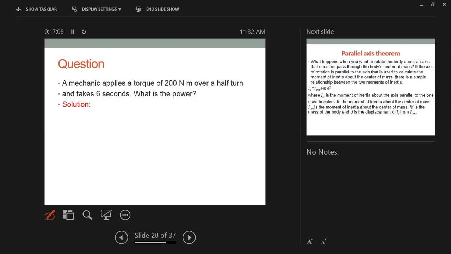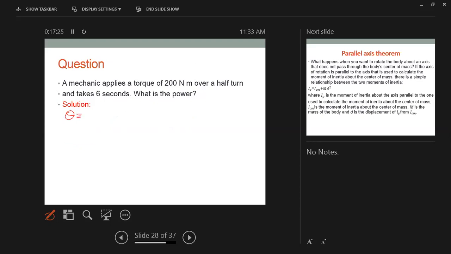There's a question. A mechanic applies a torque of 200 Newton meter over a half turn and takes 6 seconds. What is the power? So what does half turn mean, first of all? What is the displacement here for the half turn?